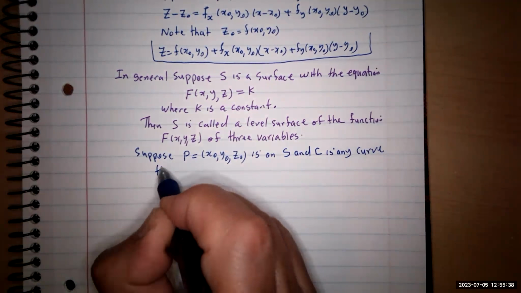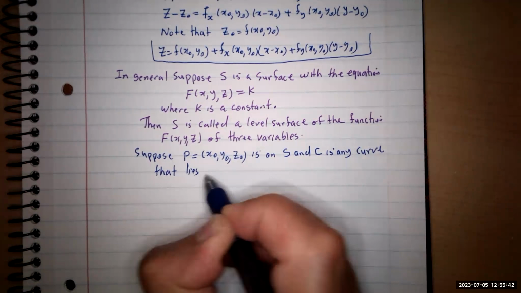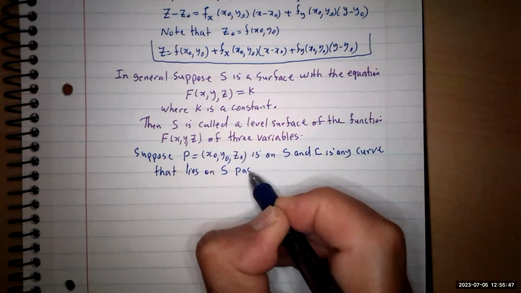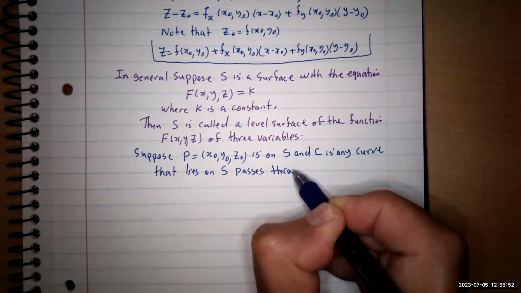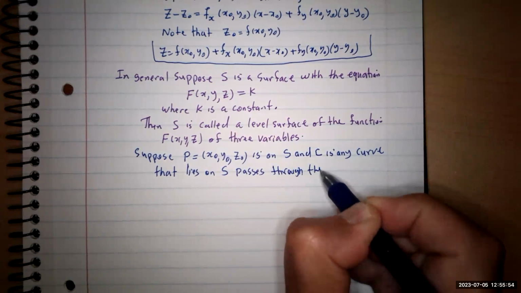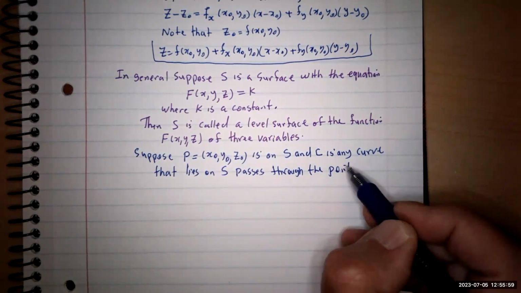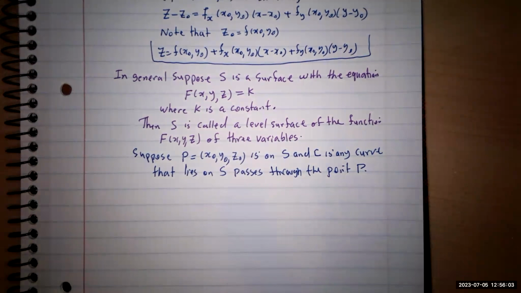that lies on S and passes through the point P. So your solid is going to be kind of an ellipsoid or kind of a sphere.